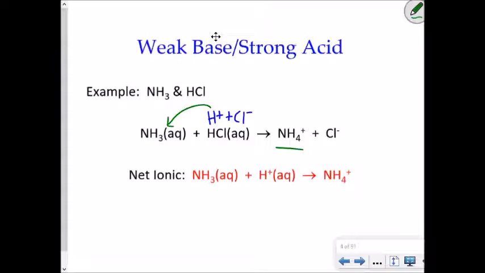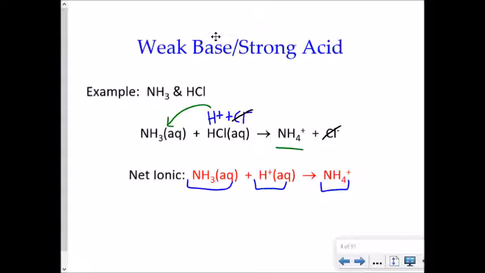But you would have chlorides on both sides, so those chlorides are spectators and do get canceled out. So the net is only going to really be the ammonia itself reacting with the hydrogen.